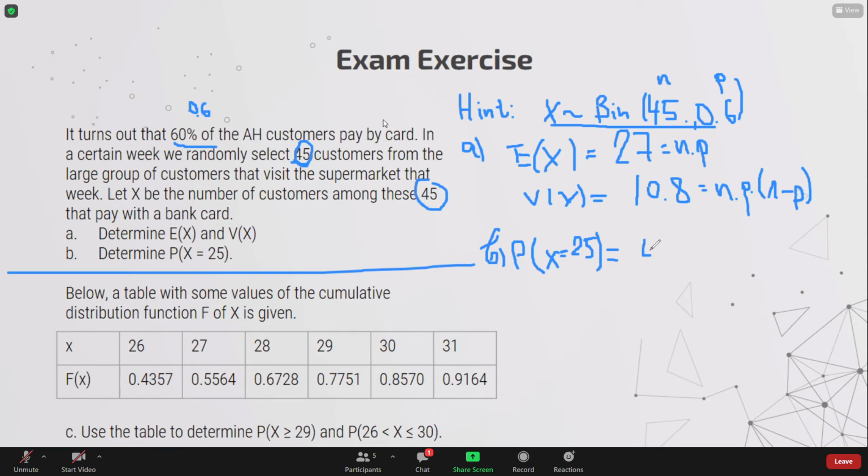So we have to choose from 45, only 25. And multiply by the probability of having a success, which is 0.6 to the power of, can you help me? What would be the power here?